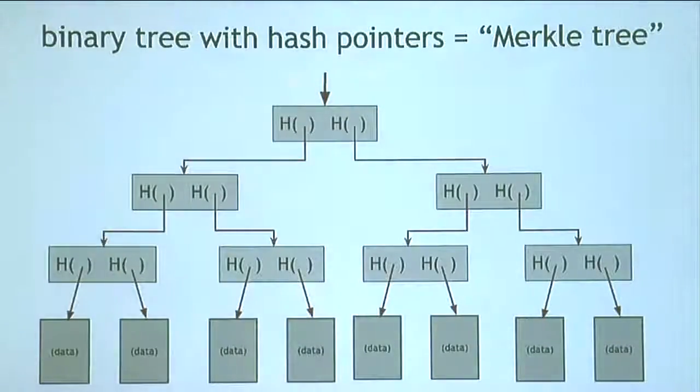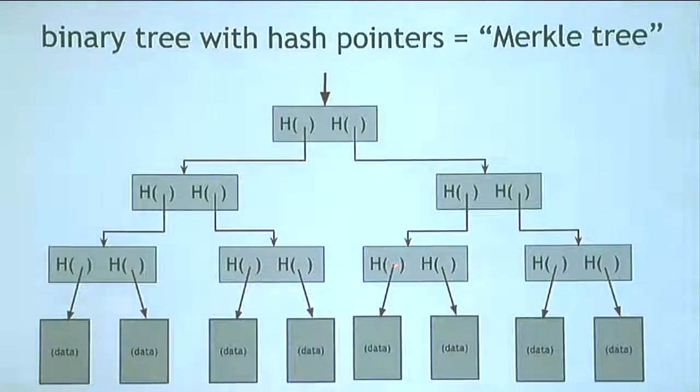And then just like before, we're going to remember just the hash pointer up here at the head of the tree. And we can then, if we want, traverse down through the hash pointers to any point in the list, and we can make sure that the data hasn't been tampered with. Because just like I showed you with the blockchain, if an adversary tampers with some data block down here at the bottom, that will cause the hash pointer that's one level up to not match, so he'll have to tamper with that.